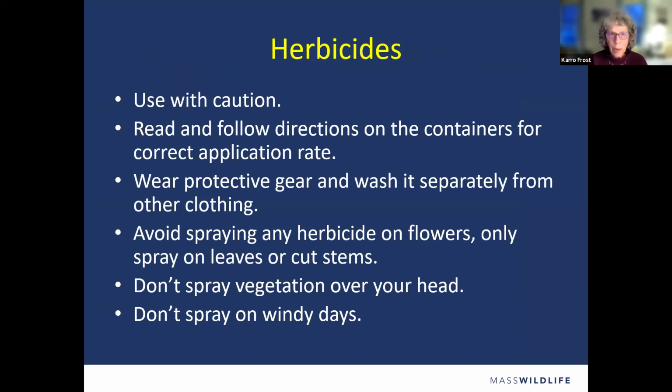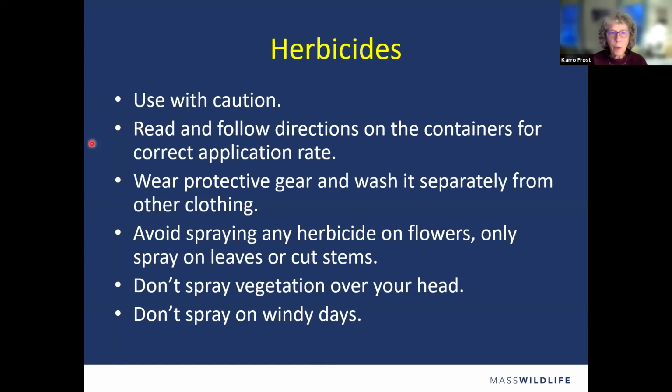I'm actually an herbicide applicator, and I became an applicator, took all the tests, because I wanted to be able to go in and do very discrete spot treatments to control the invasive plants that are growing right around the rare plants, so that I could do something without disrupting the roots, without hurting the rare plants. And so for some places, herbicides are the best thing to use. But always use with caution.